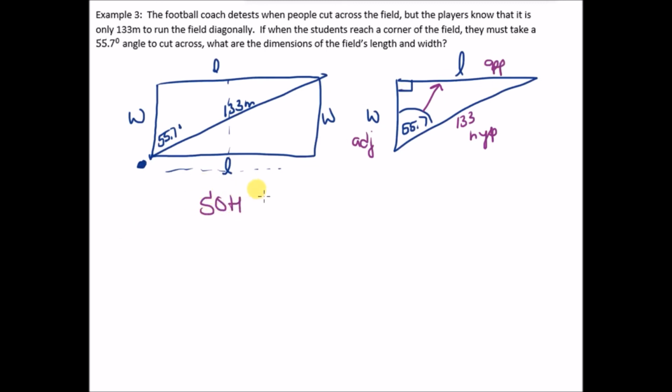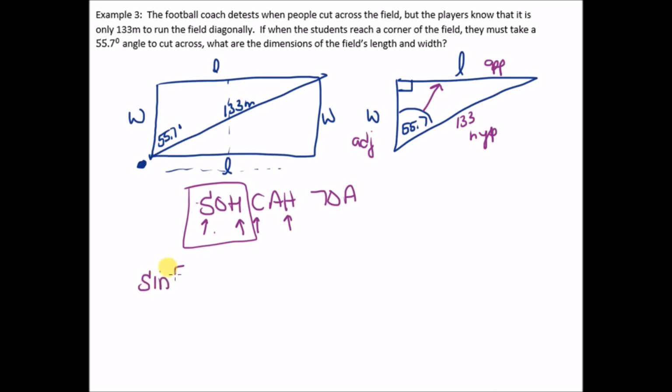Let's take a look at SOHCAHTOA. For this triangle, we know the hypotenuse, and we also know the angle. So when I highlight the angle 55.7, it would be like sine 55.7 or cos 55.7. So we can consider it like the S or the C. So let's use the sine ratio to solve for the opposite side, and then let's use the cos ratio to solve for the adjacent side.